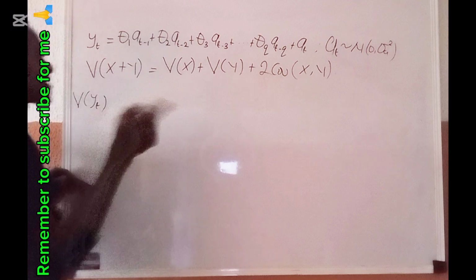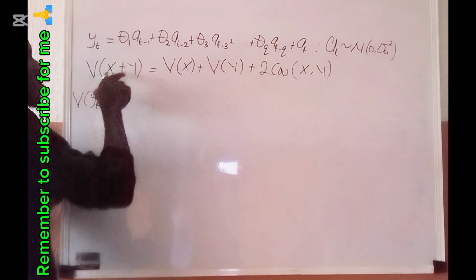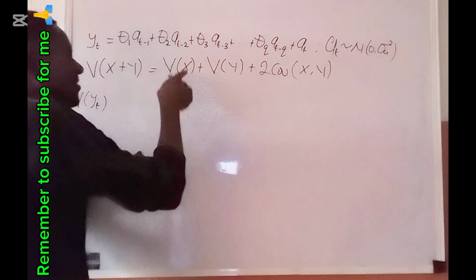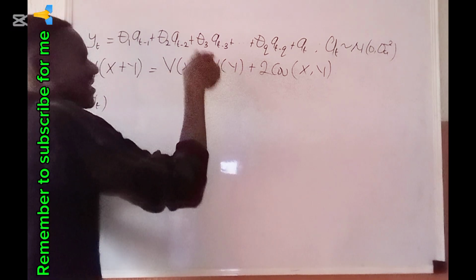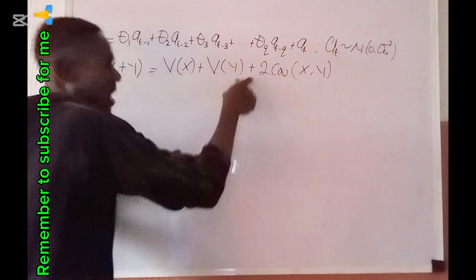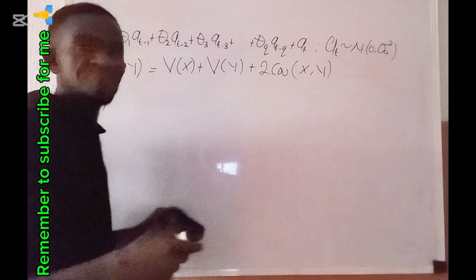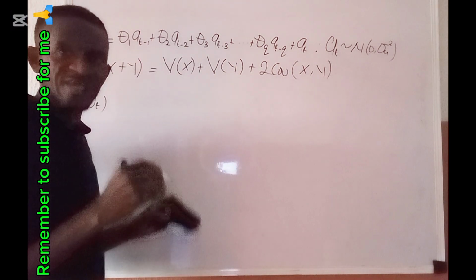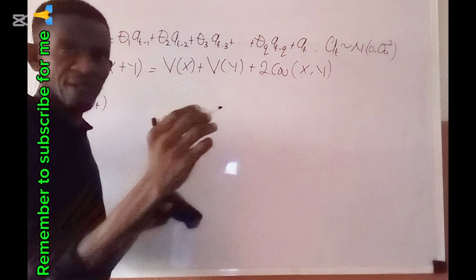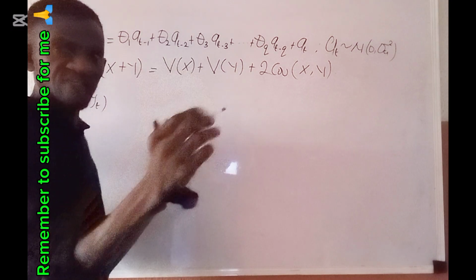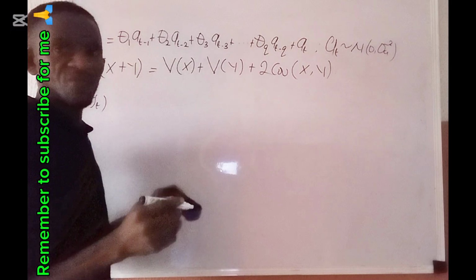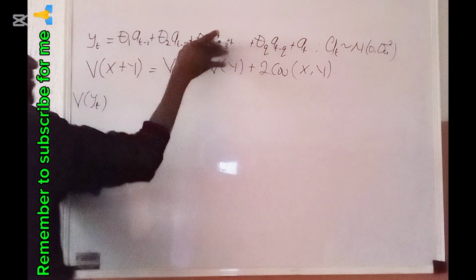By implication, if I had X plus Y plus Z, I would take the variance of X, the variance of Y, the variance of Z, and then begin to take the covariance of the pairs of those random variables. That is now 2 covariance of X and Y, 2 covariance of Y and Z, and then 2 covariance of Z and Y. So what I'm going to do now is apply it here.